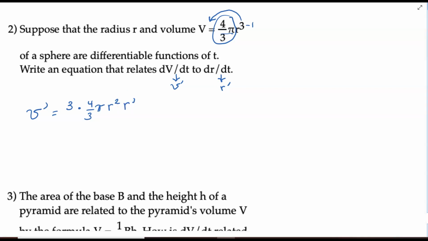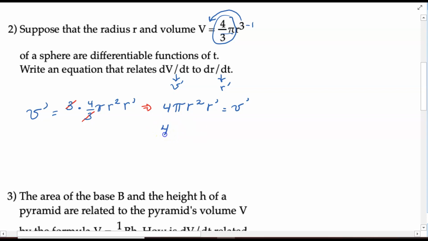So can you clean this up? Yes, of course you can. The 3's cross out through division, and you are left with 4 pi r squared r prime. And this right here is your V prime. It is also your dV/dt, in other words.